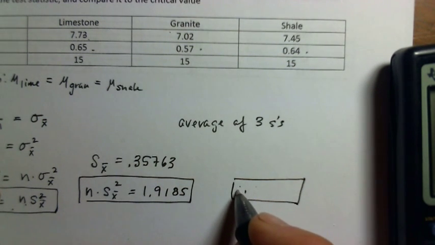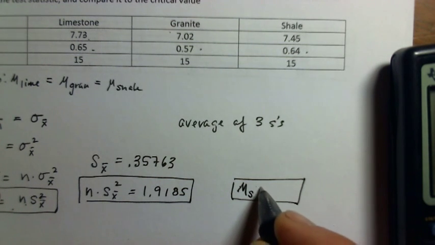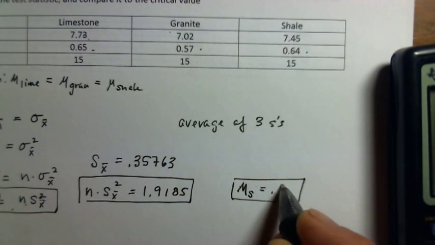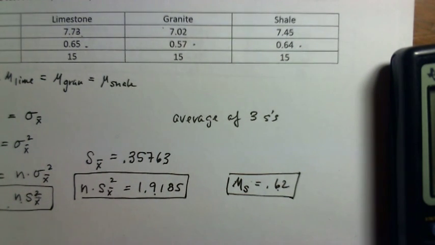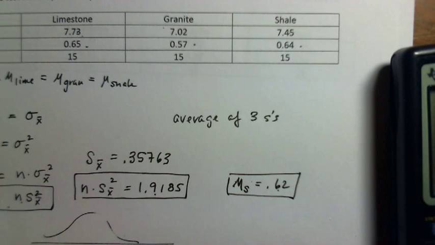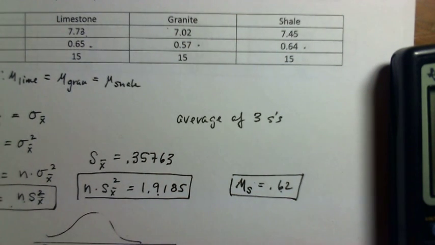This looks like a lot more than that. So remember, that's some evidence that the variance between the means is a lot more than the variance within the populations themselves. Let's see if that's big enough.